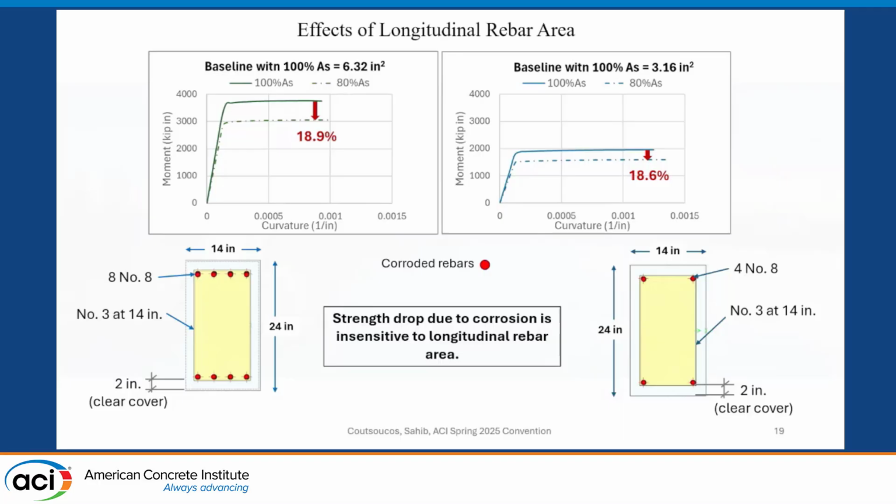Next we were looking at the effects of longitudinal rebar area. As you see, whether we have 8 rebars or 4 bars, there's no real change in the strength drop. It's about the same. So this indicates that the longitudinal rebar area is insensitive to corrosion.